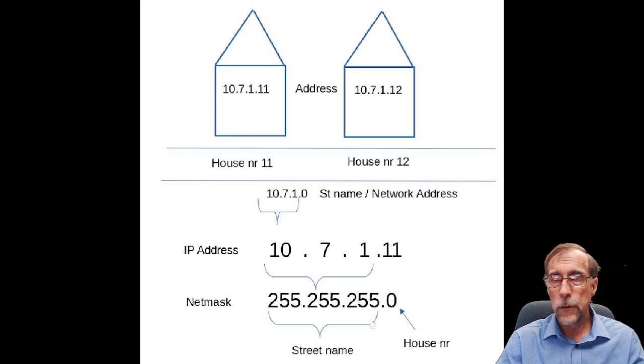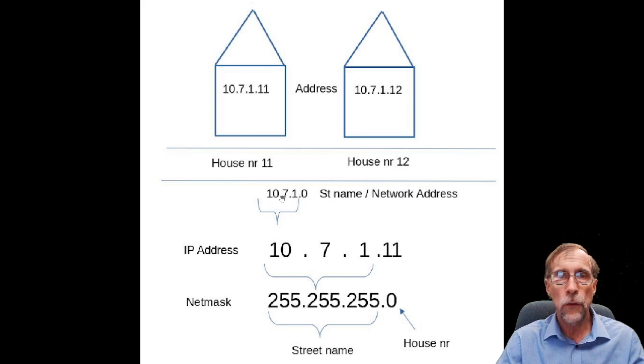And thus, the non-zero part, if I may call it that, determines the street name, and wherever there's a 0, that's the house number, wherever it corresponds to the 0 on the net mask. Alright, so the network address, that's another important concept. A network address always ends in 0.